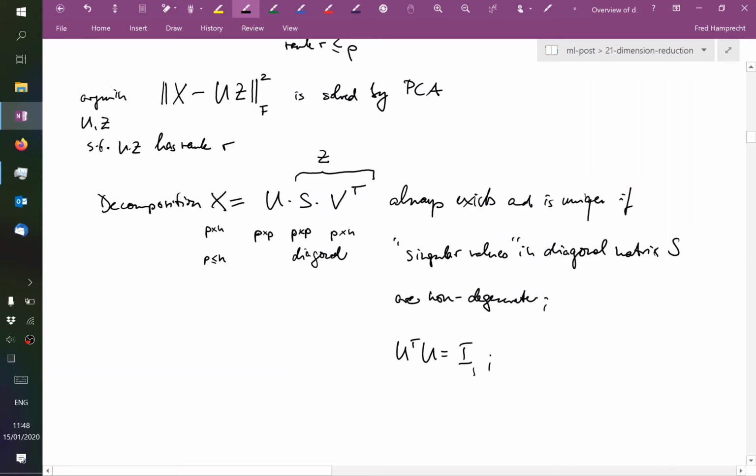And then this U transpose U is an identity matrix, a p-dimensional one, and V transpose V is an identity matrix, but in that case an n-dimensional one.